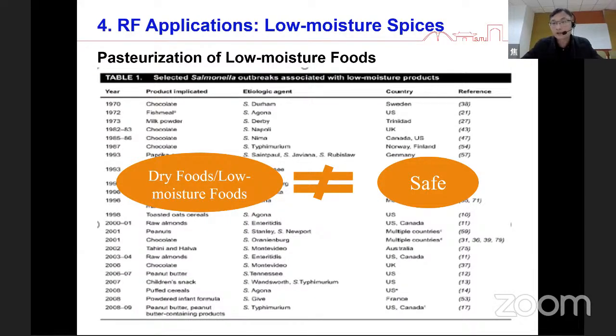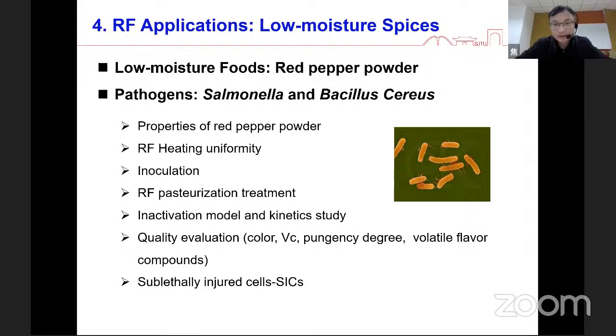And that's why currently a lot of research tries to do pasteurization studies for low moisture food. It means trying to kill the pathogens to a relatively low level in low moisture food, especially for baby formulas, right? And based on this, we did a lot of research using RF heating for the pasteurization of red pepper powder as a typical low moisture powder.